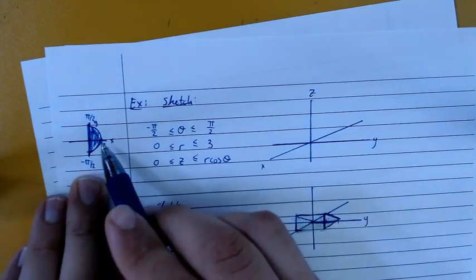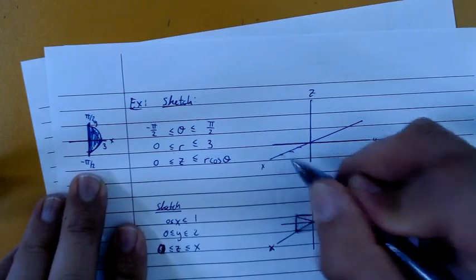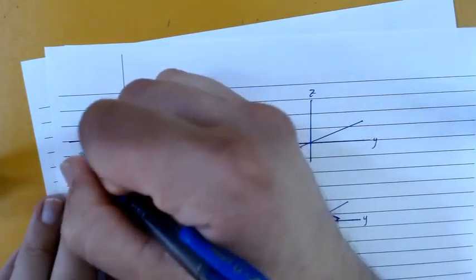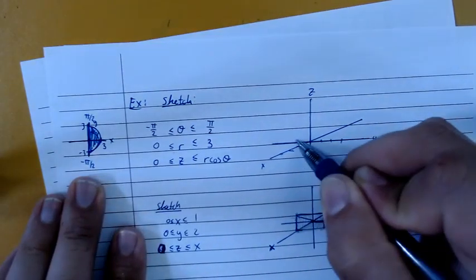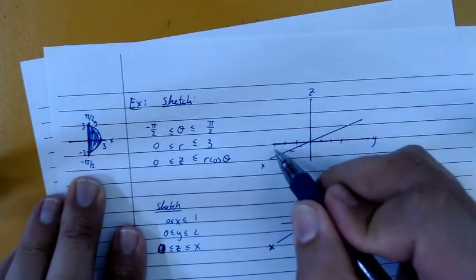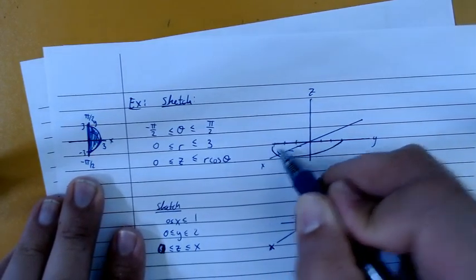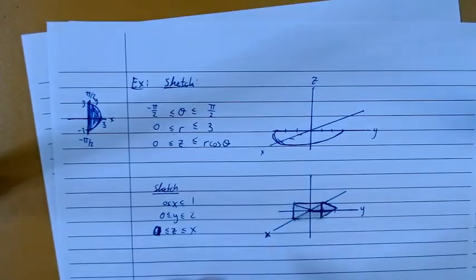We'd want to go 3 steps toward the x-axis. 1, 2, 3. And this is sweeping out a circle, so this is 3 units in every direction this way as well. So 1, 2, 3, and 1, 2, 3. So it would look something like this. So that's our base. Our object will live above this thing.